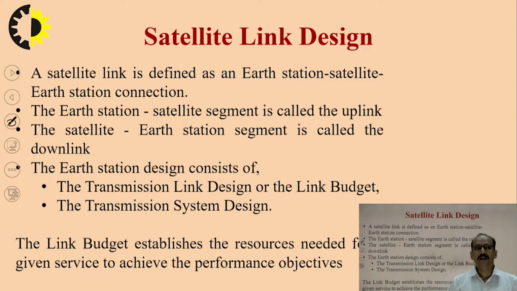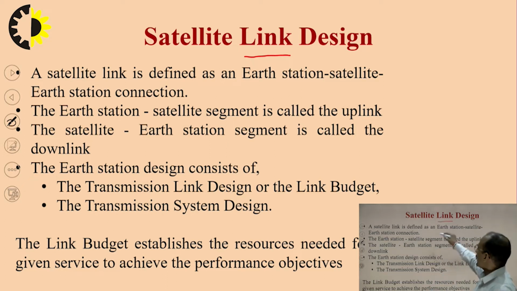It means there is a direct connection between the earth station and the satellite located in the orbit. That link is defined as the satellite link, and now we are discussing the design of that satellite link.